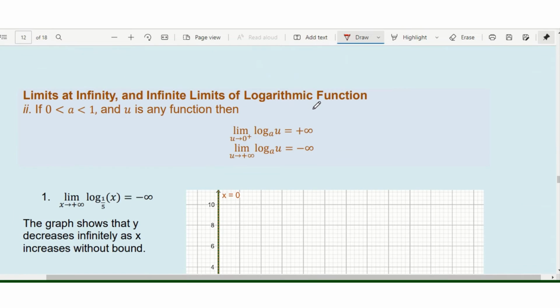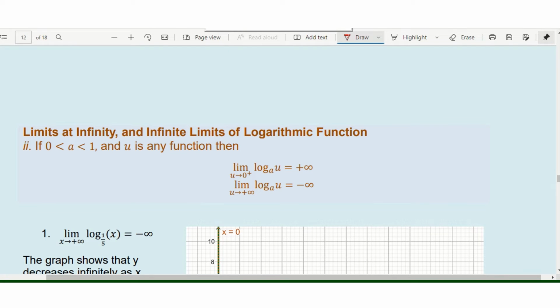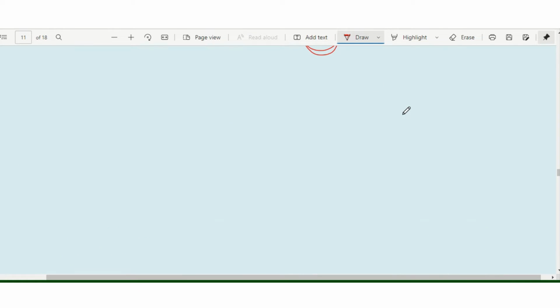Now, to add other examples, let's say if you have the logarithm of 5 minus x, okay, let's say this is to the base 7, then you're going to get the limit of that as x approaches, let's say, negative infinity. And by inspection, class, if you say negative infinity, you are referring to negative values of x.